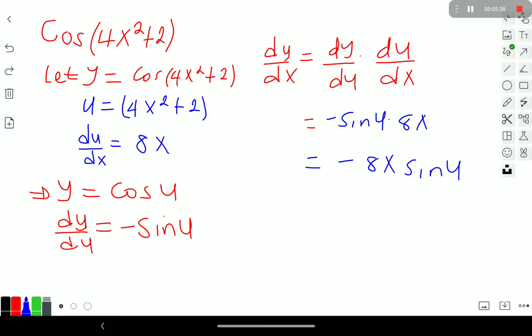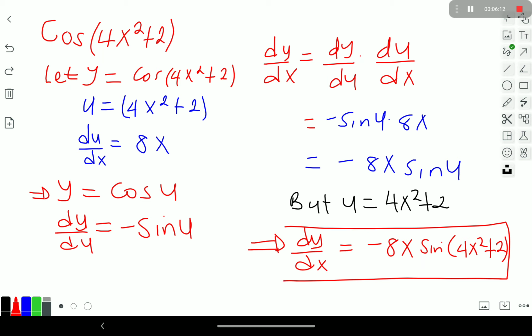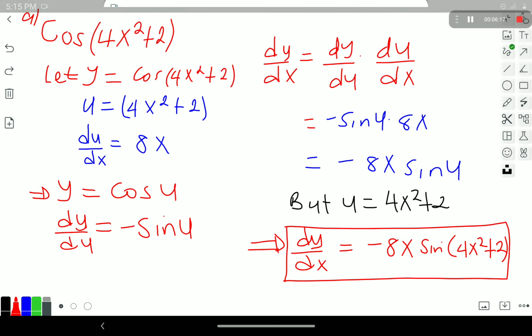But what is our u? u was equivalent to 4x squared plus 2, and then we shall get dy/dx will be the same as minus 8x sin of 4x squared plus 2. So this is the solution to the question, which is for part B.